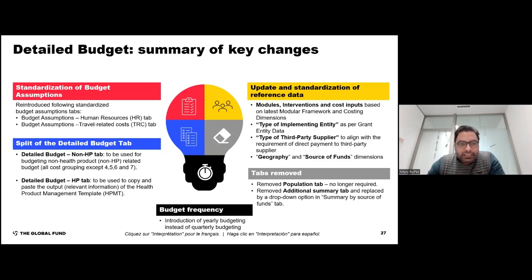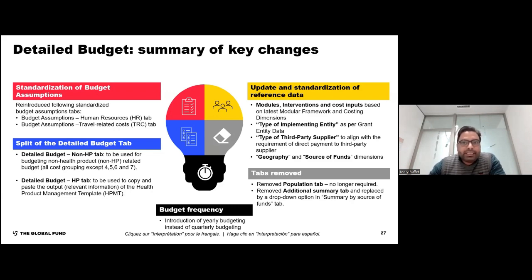The second major change that we have made in the detailed budget template is that we have split the detailed budget tab into two different tabs. One is for non-HP, the non-health product related budget, and one tab is for HP, the health product related budget, which includes cost inputs 4, 5, 6, and 7, while non-HP excludes these.